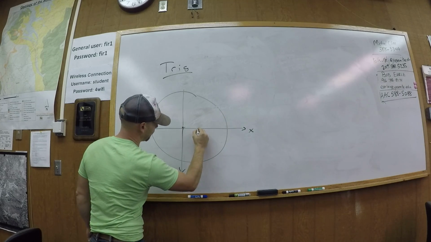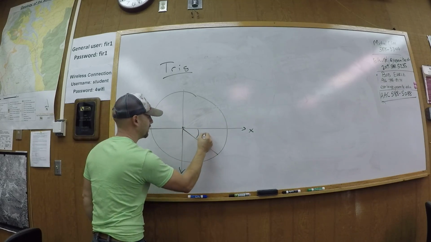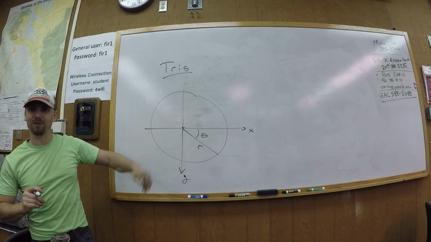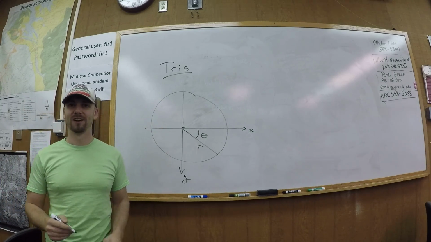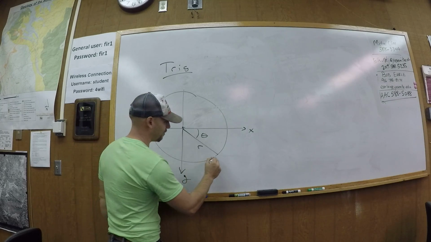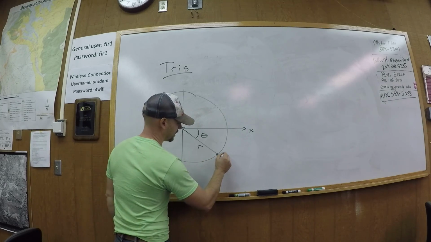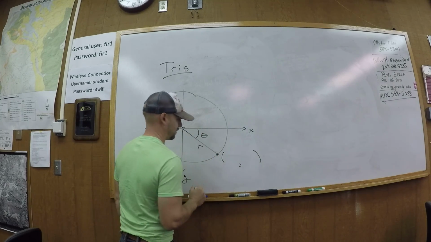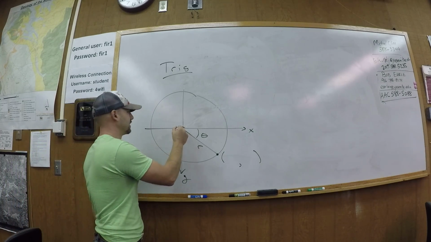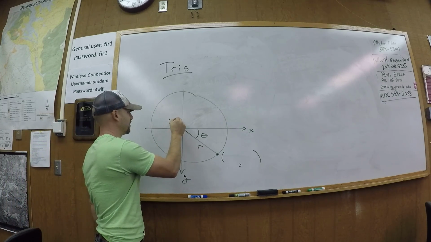So of course theta then rotates this way. Keep in mind if you're doing this in math class, it'll be flipped over because reasons. What I need to know is what are the coordinates of this dot here, assuming that this is 0, 0 to start with.